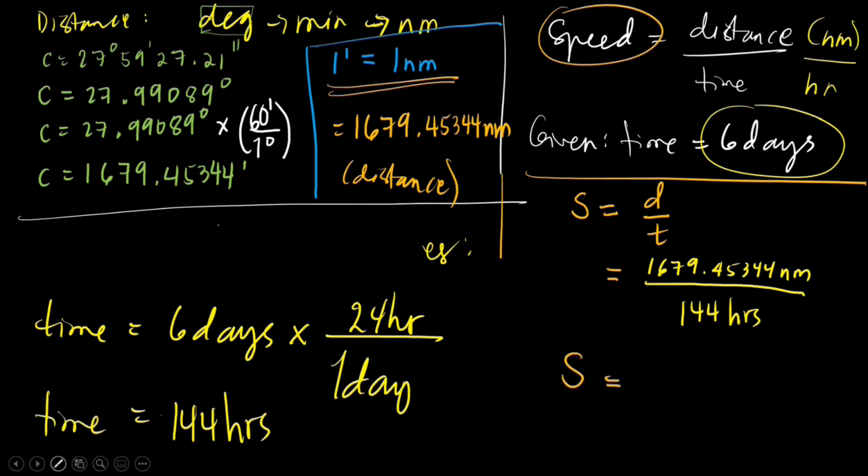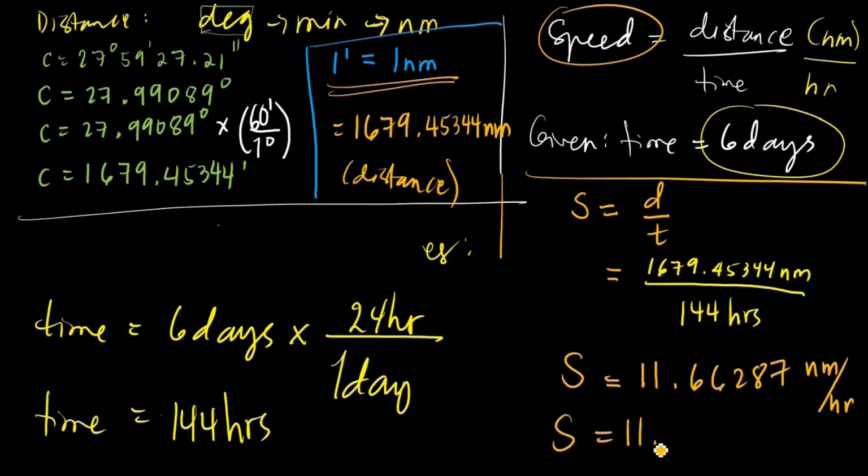So S equals 1,679.45344 divided by 144. So the answer is 11.66287 nautical miles per hour. Since this is the unknown in the problem, we can already have the two decimal places. So 11.66 nautical miles per hour.